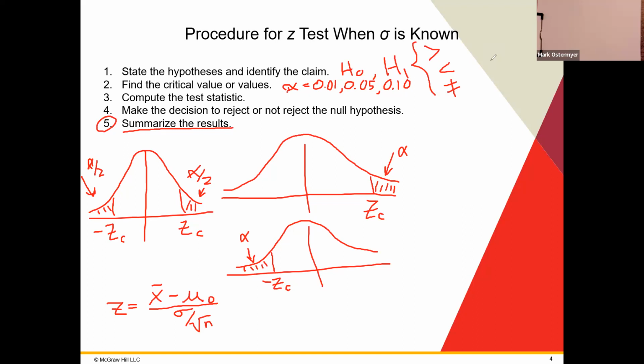So make sure that you water it down, so that a layperson can understand what you're saying here. You could say something to the effect that I conducted a hypothesis test, and the conclusion is that the population mean appears to be greater than 50.